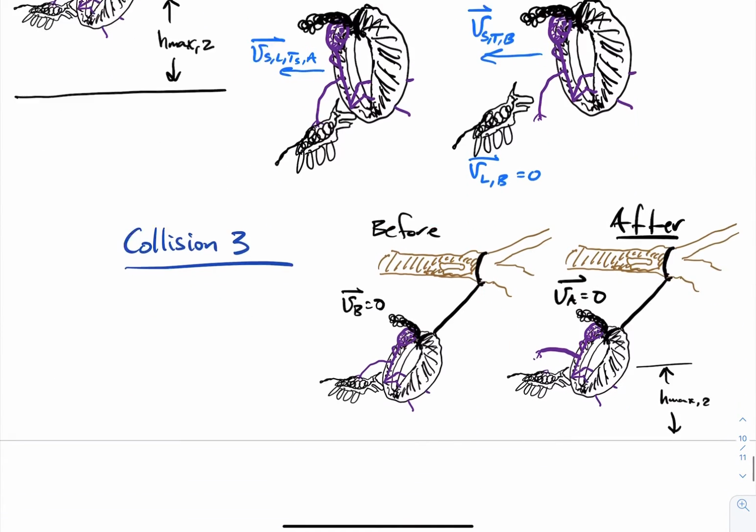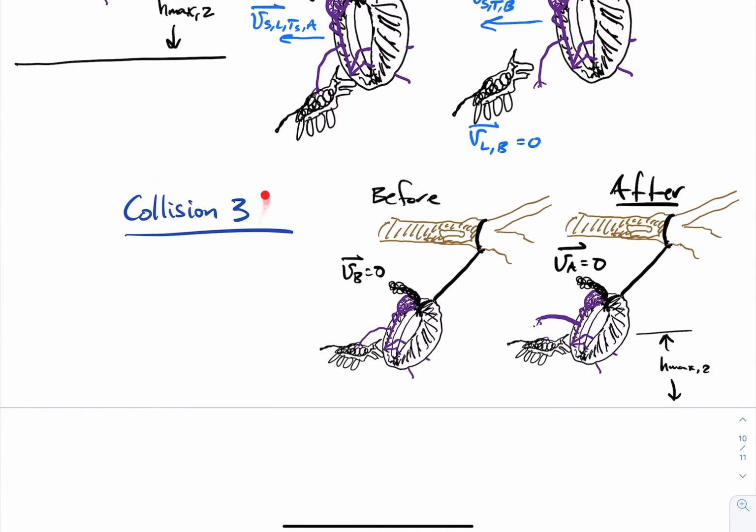Finally, Smoot drops the dog, which is a third collision, where we have before, where Smoot is holding the dog, and after, where Smoot has dropped the dog. Something important to note is that when Smoot drops the dog, he's still at the second max height, and they both have a velocity of 0 because they're at the max height, the point where the tire swing stopped moving and is going to start moving back down.